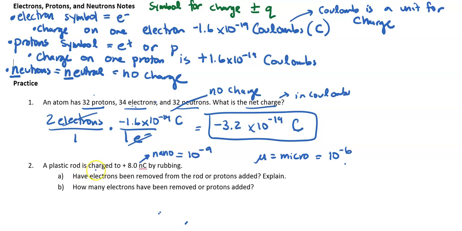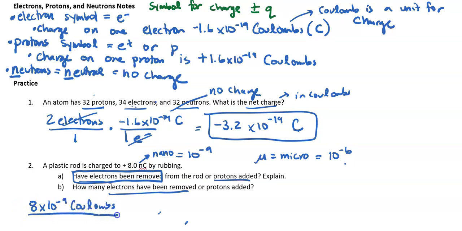Okay, so the plastic rod is charged to a positive charge by rubbing. Have electrons been removed from the rod or protons added? Protons, again, are in the center of the nucleus. Those cannot be added or subtracted unless we do a bunch of crazy stuff and change the atom entirely. So electrons have to be removed from it. Electrons are the things that transfer. Let's think about how many electrons have been removed. The charge is 8 times 10 to the negative 9 coulombs. We need to figure out how many electrons this is.